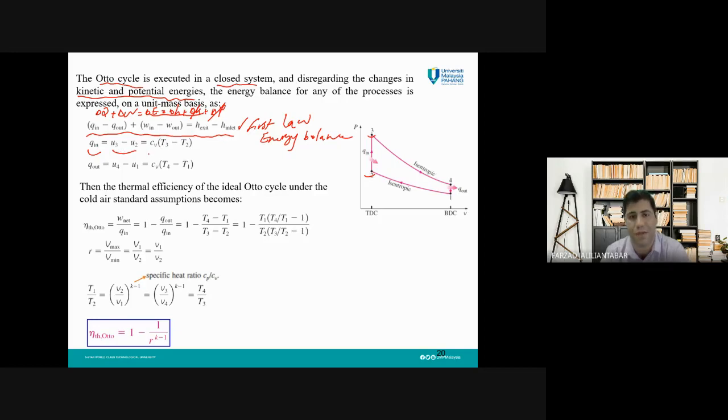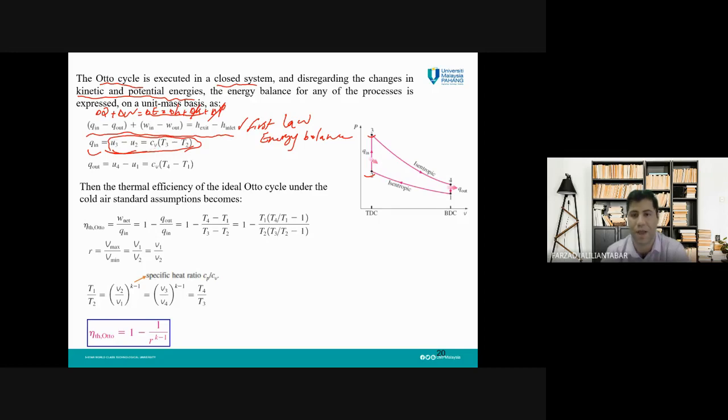And from thermodynamics, you know that we can write this equation. Why? Because we have air standard assumptions. We assume the working fluid is air here. And for air as an ideal gas, we can write U3 minus U2 equal to Cv, the constant volume specific heat.